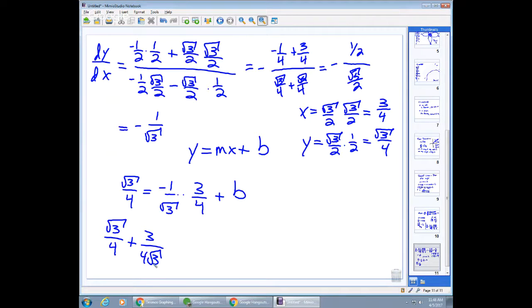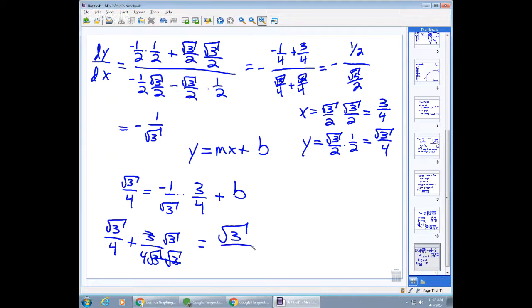Now this cleans up a little bit. Oh, this kind of cleans up beautifully. Rationalizing the denominator here, square root of 3 times square root of 3 top and bottom. Square root of 3 times square root of 3 is 3, which cancels with the 3 above. So I have square root of 3 over 4 plus the square root of 3 over 4. So b must be square root of 3 over 2.